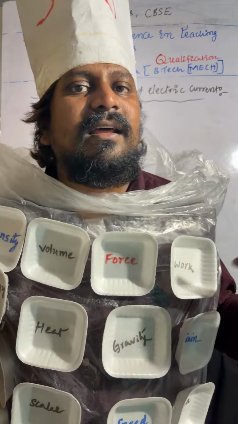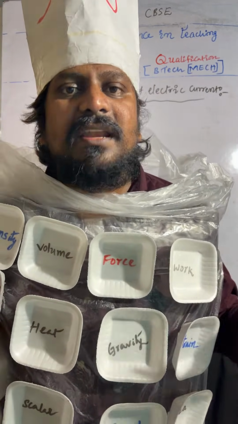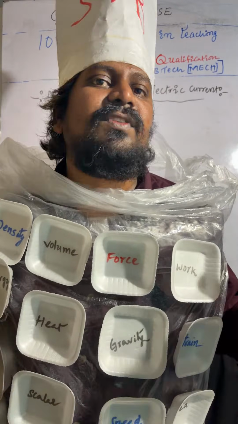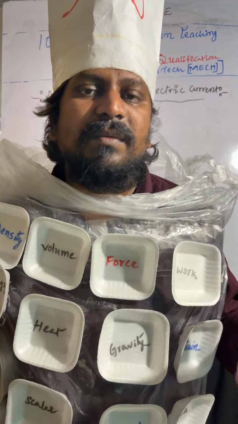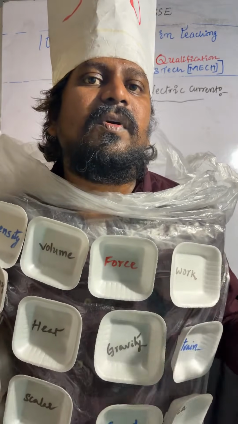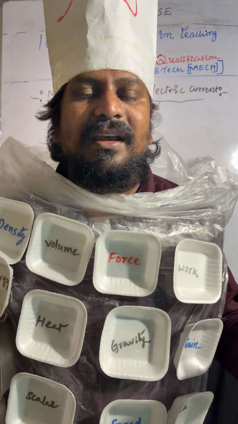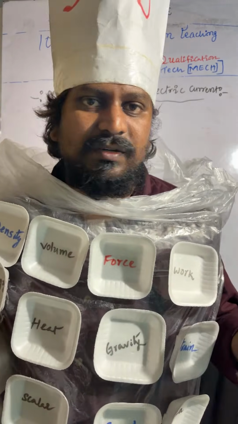So magnetite or lodestone are natural magnets which occur in the earth's crust. Understood or not? And the next point is, if you suspend the magnet, it always shows north and south direction.